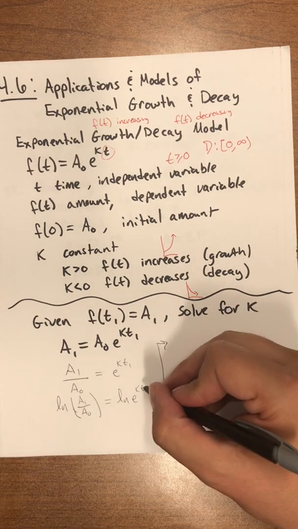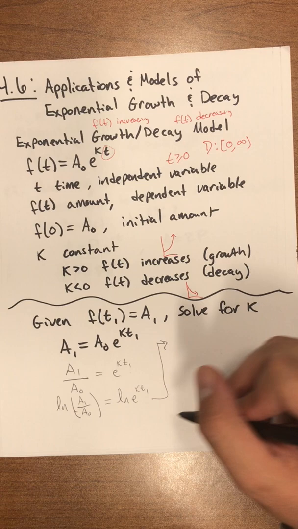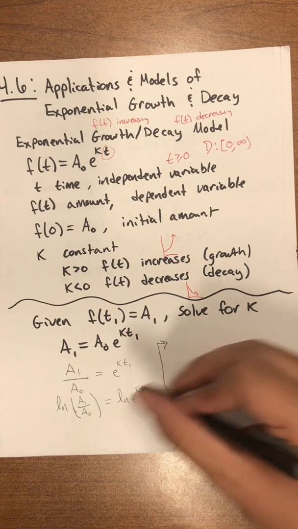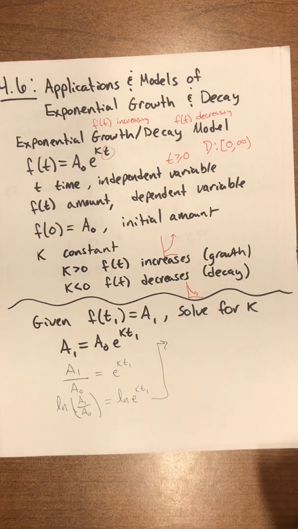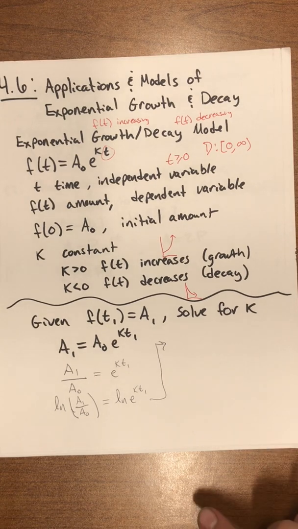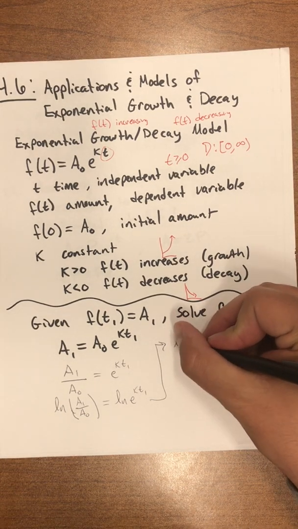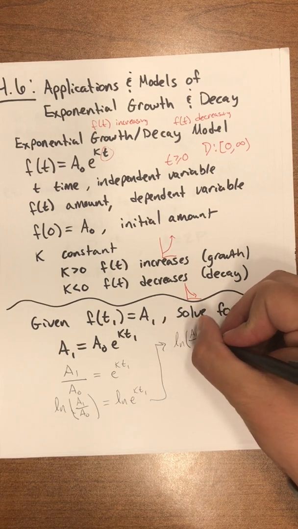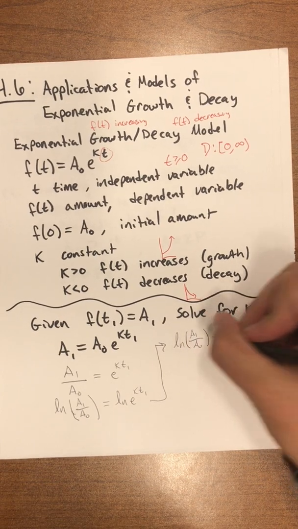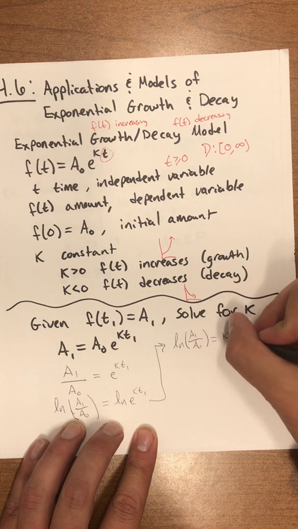And the natural log of e to the kt1 is just k times t1. So the power property of logarithms, the exponent would come out front. The natural log of e is 1. So we would have the natural log of a1 over a0 equals k times t1.